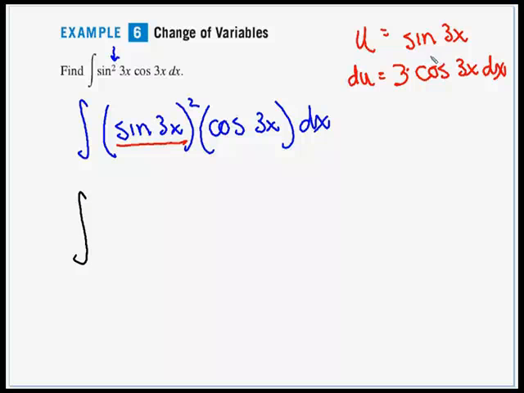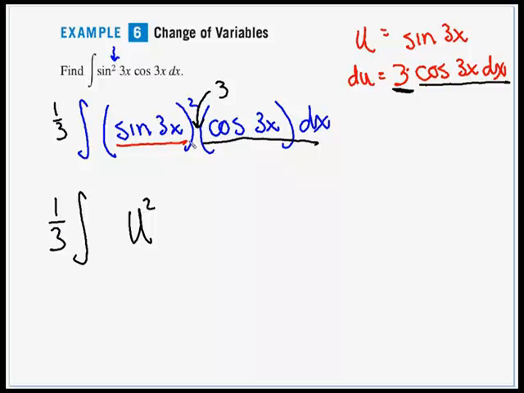Sine 3x is our inner function u, so this becomes u squared. Cos of 3x dx, we're missing this 3. I can tack a 3 in there, but if I put a 3 on the right of the integral sign, I have to balance it with a 1/3 out front. So here we'll have our 1/3, and our 3 cos of 3x dx becomes du.